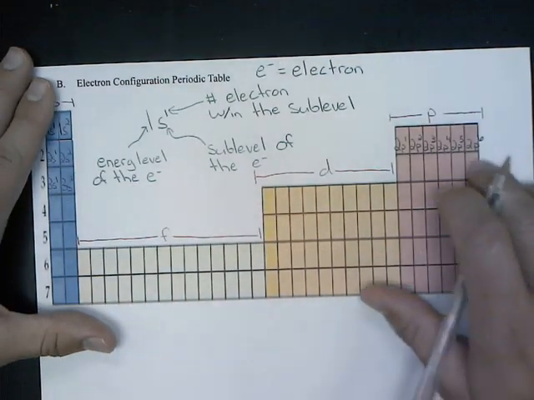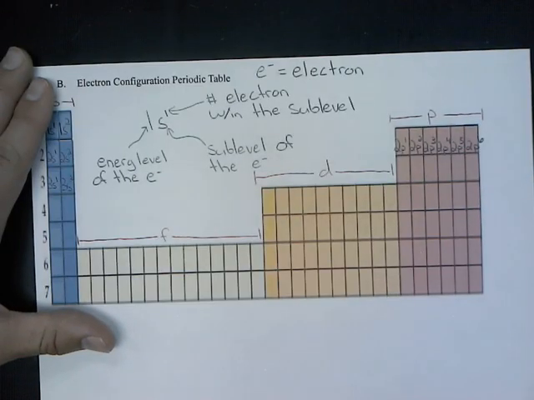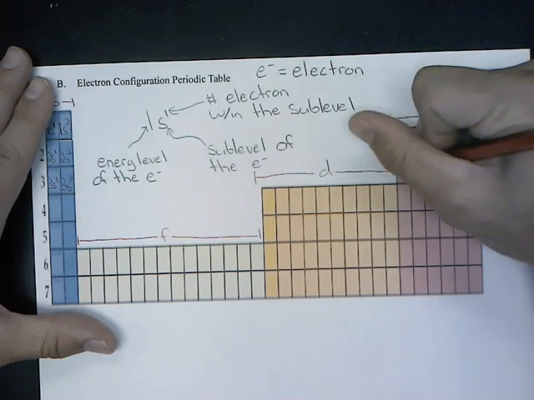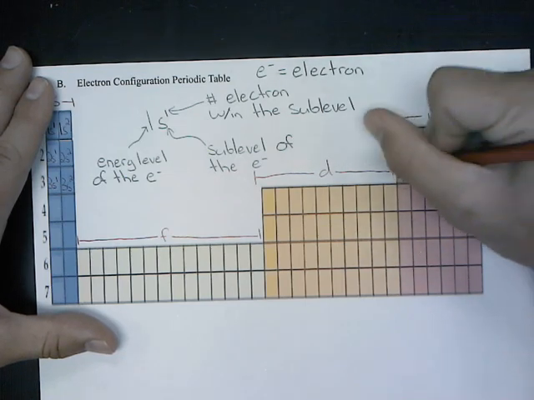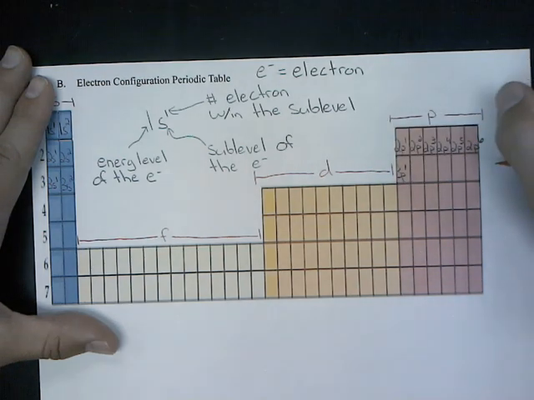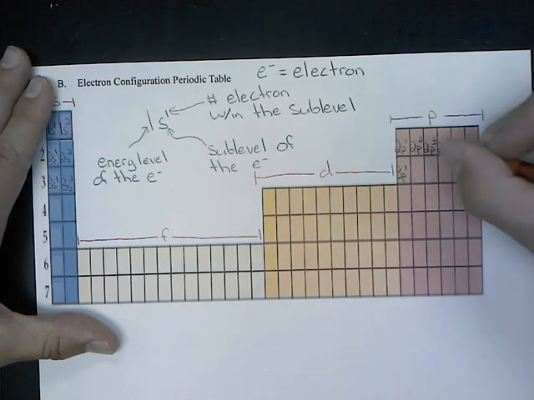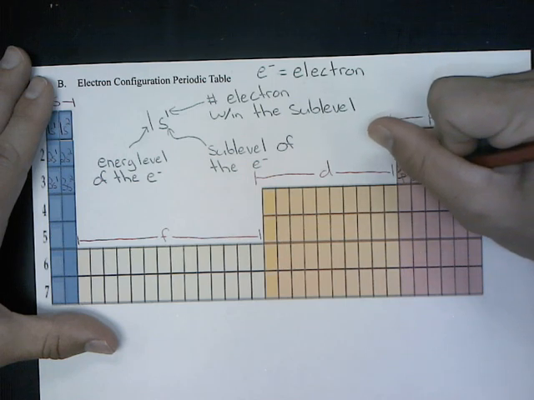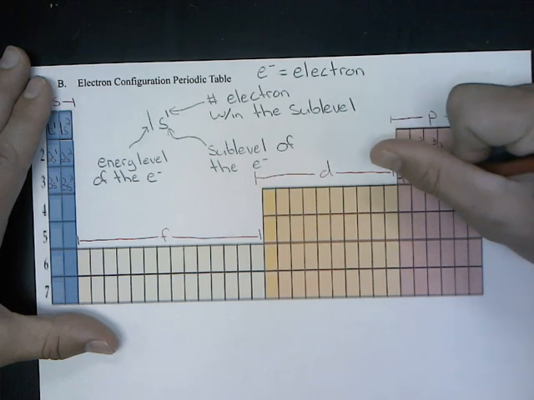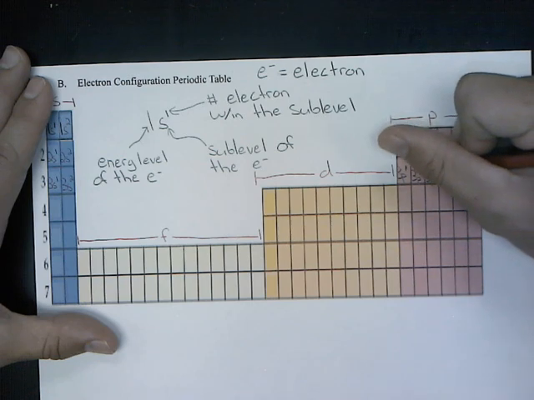And then we go over here to the p block. We're still in the third row or third energy level. We've shifted to the p block. Our numbering starts over because now we're in the 3p sublevel. This next box would be 3p2, and we're going to go all the way over to 3p6.